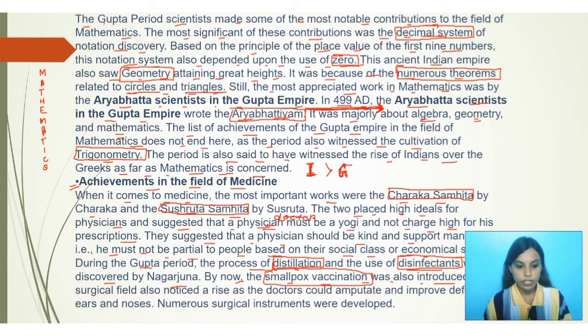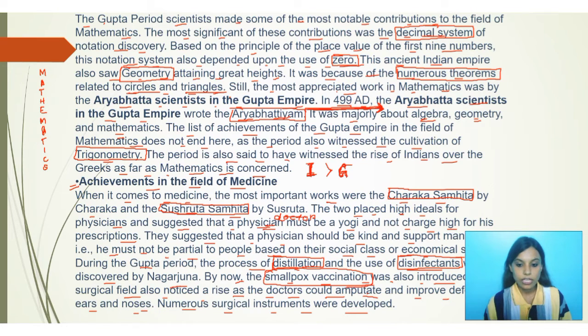The surgical field also noticed a rise as doctors could amputate and improve deformed ears and noses. All of this could be achieved at that time. Within that particular time, numerous surgical instruments were developed.